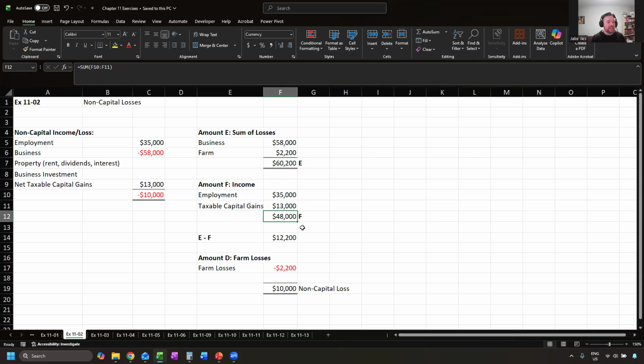So our total income's 48. 60,200 minus 48 is $12,200. So this is the total net excess loss for this year. The only thing is not all of this loss is non-capital. We will subtract out the farm losses that weren't necessary to be used. And that gives us, so we will carry forward $2,200 in unrestricted farm losses and $10,000 of non-capital loss.